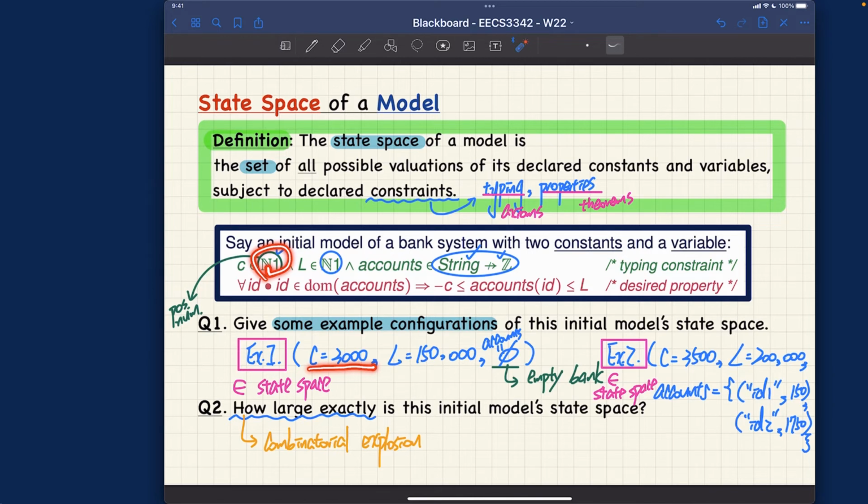Theoretically speaking. And also over here, this will be any value that's going to be positive. And this one over here will be basically any function that will satisfy this particular constraint, being partial between the string and the integer. And of course, not necessarily all the combinations between all these 3 will be valid. You still have to make sure all of them together will actually satisfy this particular property.